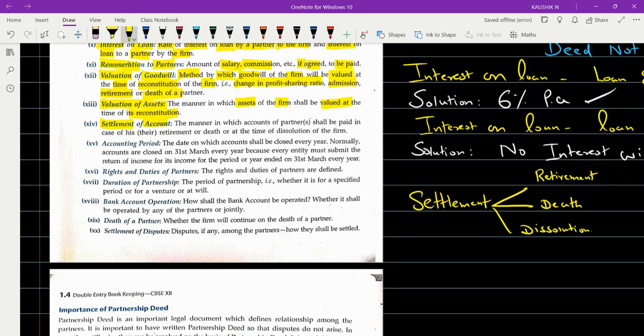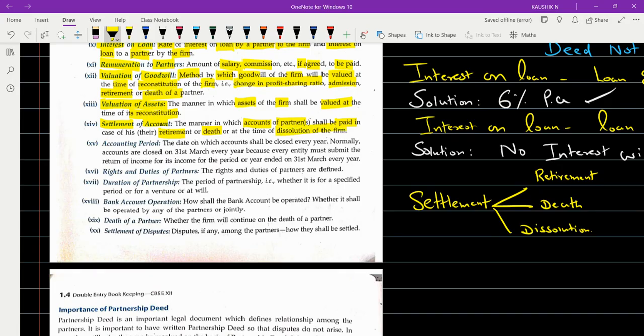Because in these three chapters only, we need to know how much is to be settled and how we are going to settle everything. So the word settlement of accounts is very particular about these three concepts. It is the manner in which the accounts of the partners are to be paid in the case of his or her retirement, death, or at the time of dissolution of the firm.